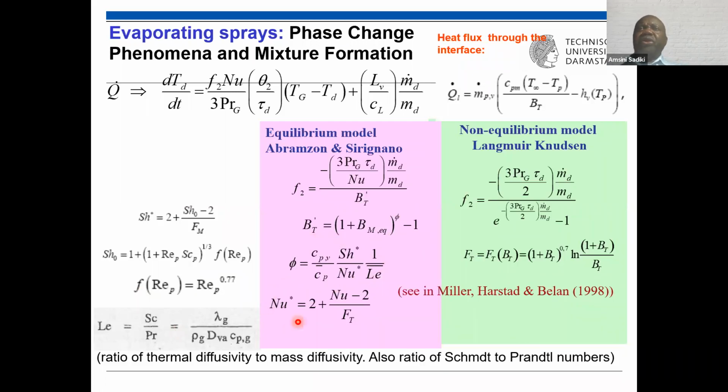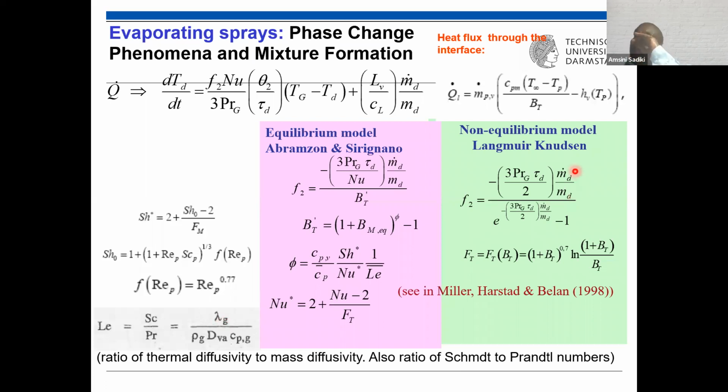We also have our Nusselt number equal to 2 plus this; if we are in a stationary case, then it is equal to 2. The Sherwood number star is also the effective Sherwood number, and we got these correlations, which are also functions of the Reynolds number. The Lewis number in the tiles is provided by this.